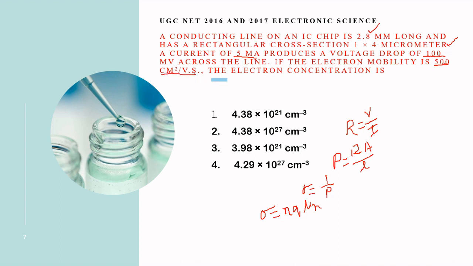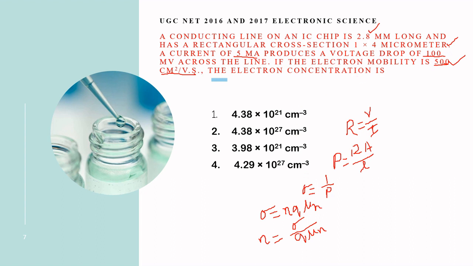So when we know the sigma value, Q value and mu N value, we get the electron concentration. So electron concentration N equals sigma divided by Q mu N, right? Okay. So in this way we get the solution of these numericals.